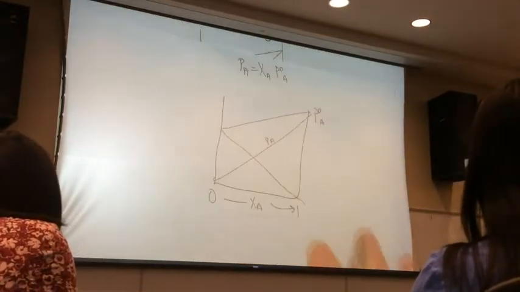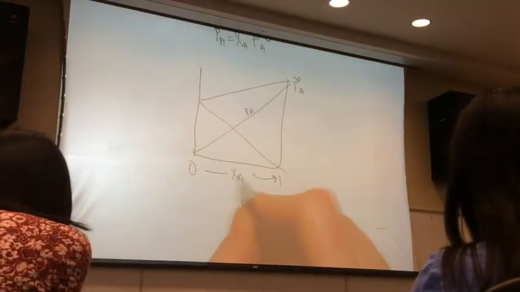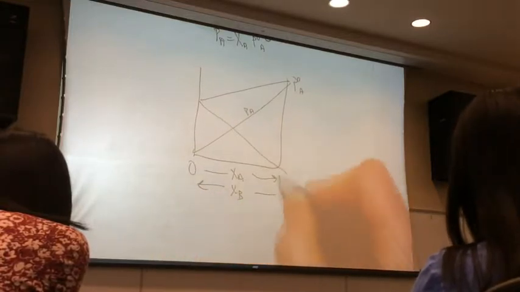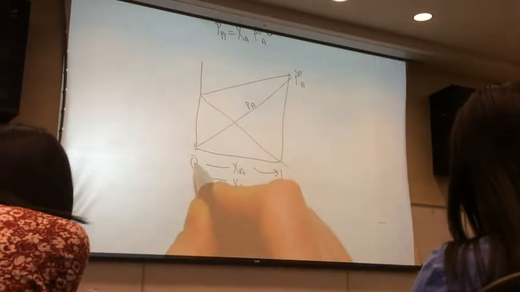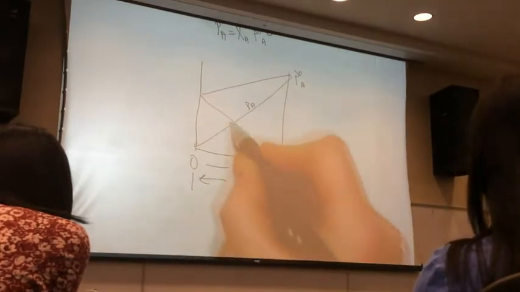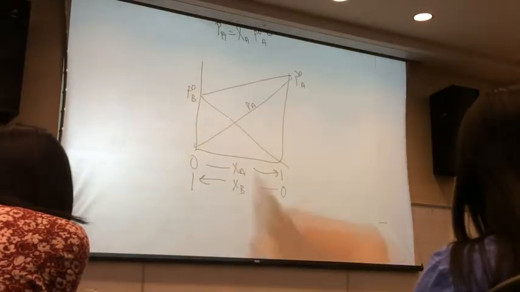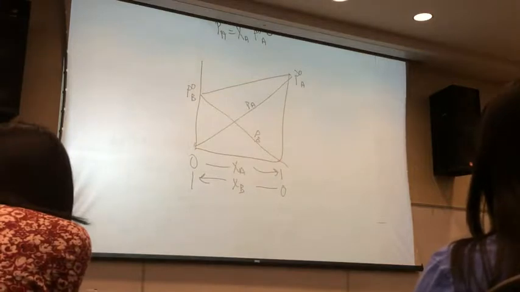Now, what's this other line here? Remember that the mole fraction of B goes the opposite direction. When the mole fraction of A is 1 over here, that means there's no B. When there's no A, it's all B. So this right here is P0B, and this line is the pressure that comes from B at each mole fraction.